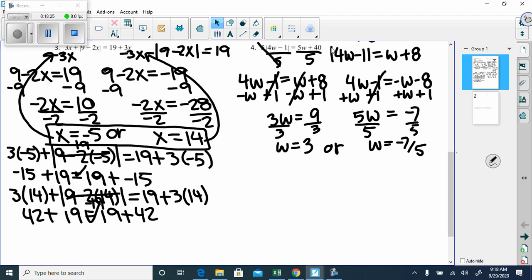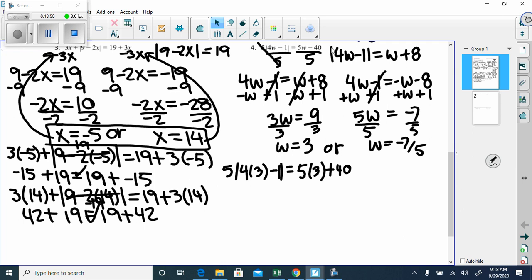Okay, now I just have to check these in the original, right? So I would have 5 times the absolute value of 4, but instead of w, I'm going to plug in 3, minus 1 is equal to 5 times 3 plus 40.